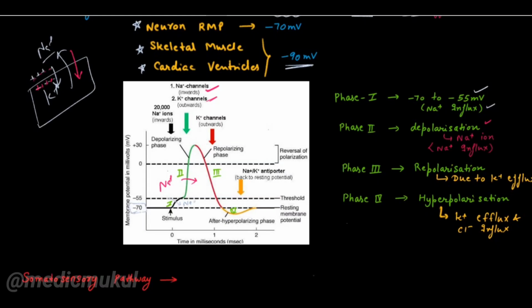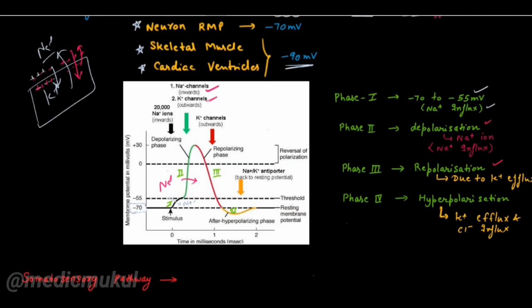Then there is phase 3, the repolarization phase. Potassium ions go out, and again there is a negative charge inside and positive charge outside. So the electrical potential is stabilized on the cell membrane.